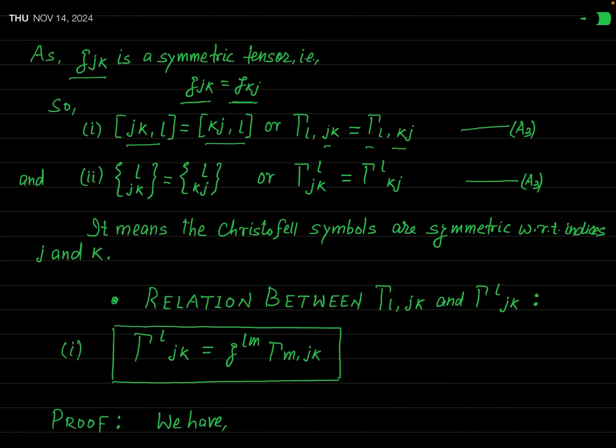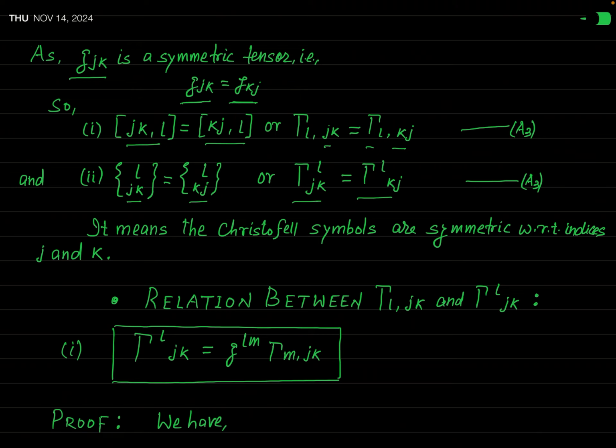Similarly, the second kind of Christoffel symbol is also symmetric with respect to the indices j and k, so this is written as Γ^l_jk is equal to Γ^l_kj, with contravariant index l and covariant indices jk.